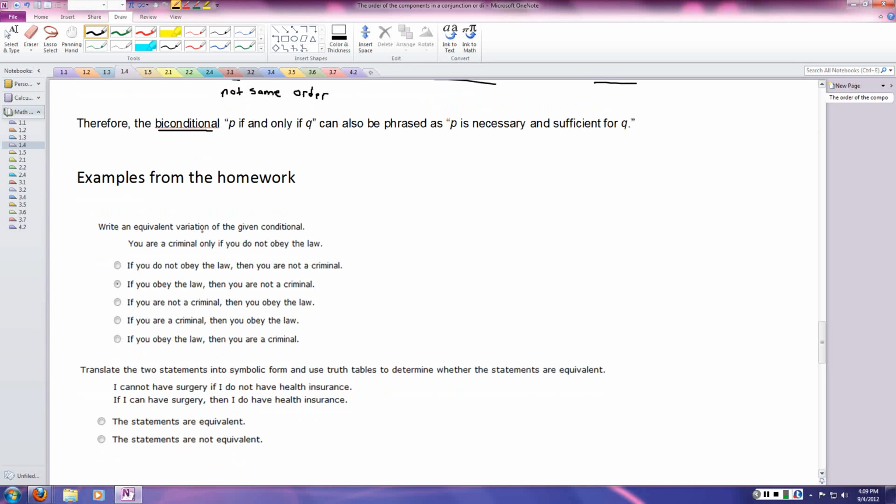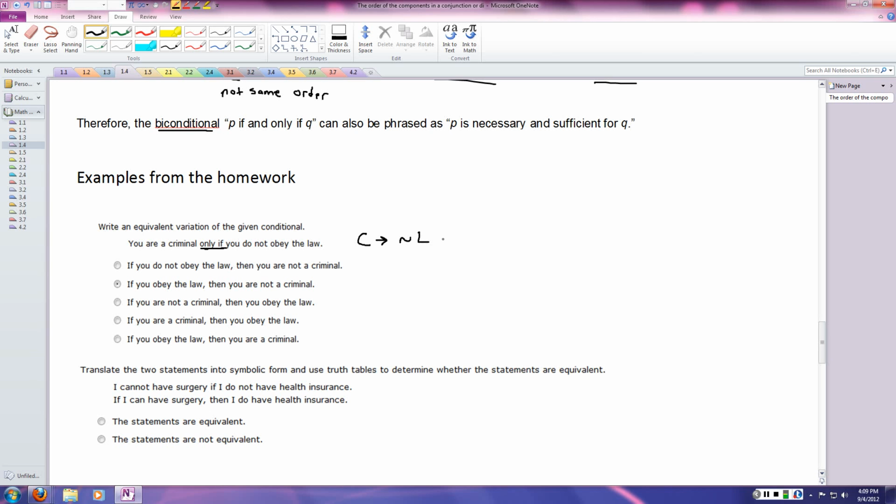Write an equivalent variation of the given conditional. A lot of times I like to write these symbolically and then see which one is a contrapositive of the statement. So you are criminal only if, so this is the only if, you do not obey the law. So we would have criminal implies you don't obey the law. And you can use your own symbols on this.